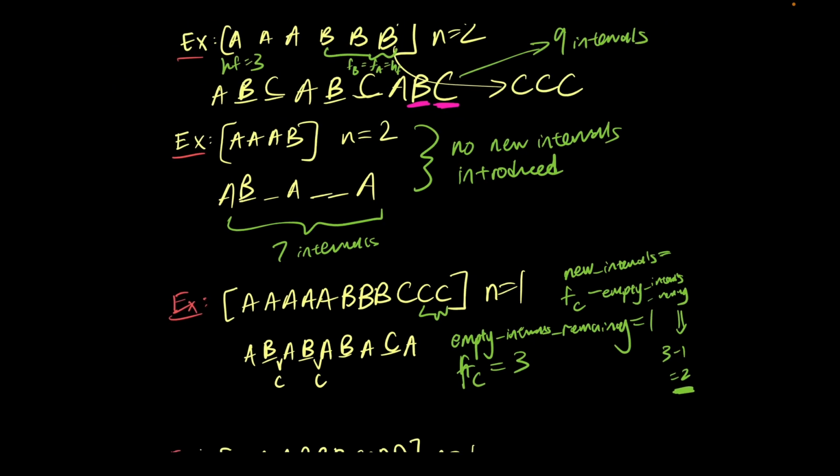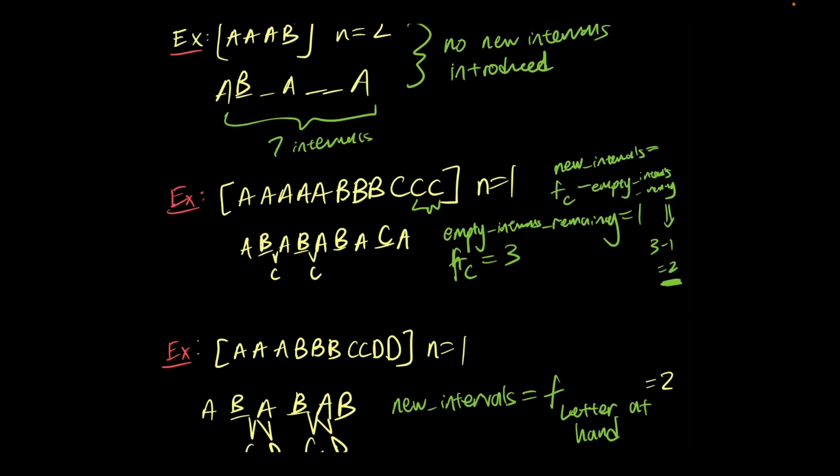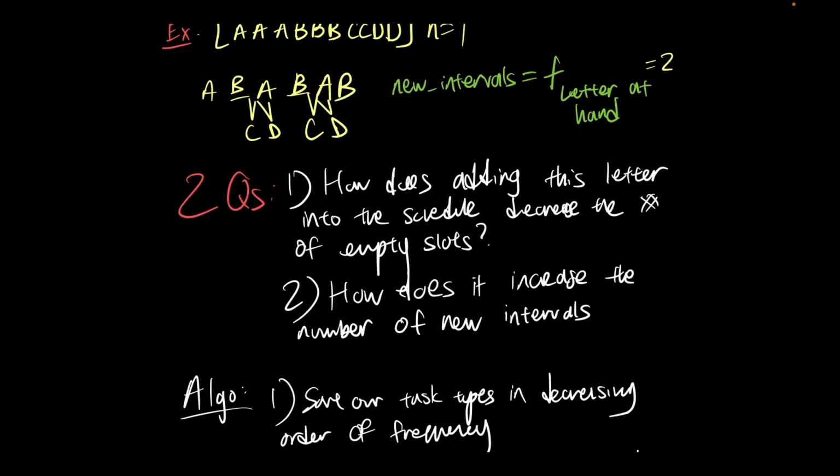Before we dive into the code, one final thing, let's just think about the decision tree that we have here. We've gone through all these examples of, given a letter in our iteration of that for loop, in what way does adding that letter impact the number of empty intervals remaining, as well as are there any new intervals that must be added?